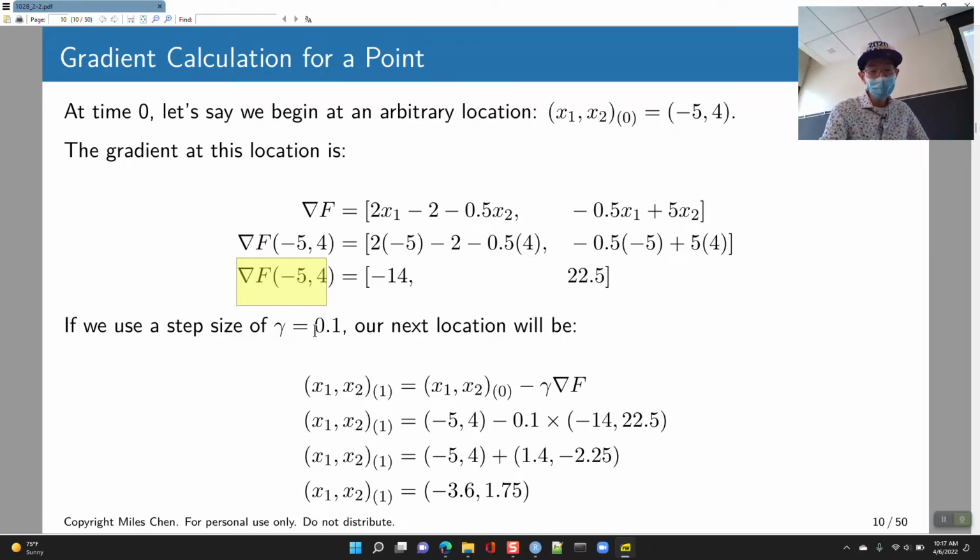I've picked an arbitrary step size of 0.1.